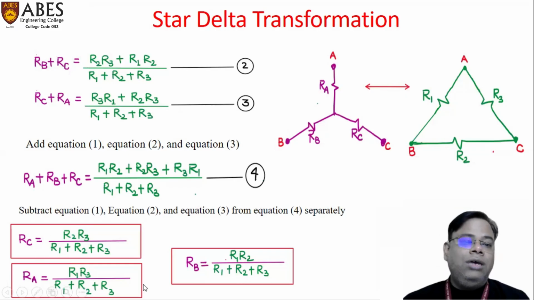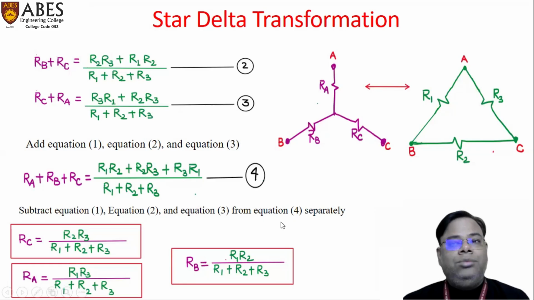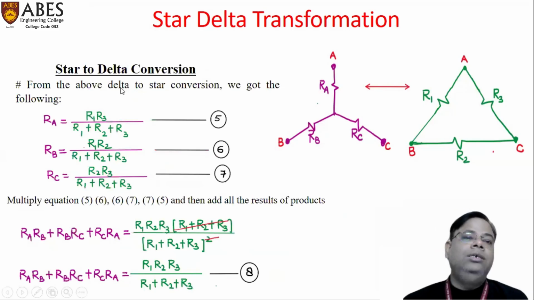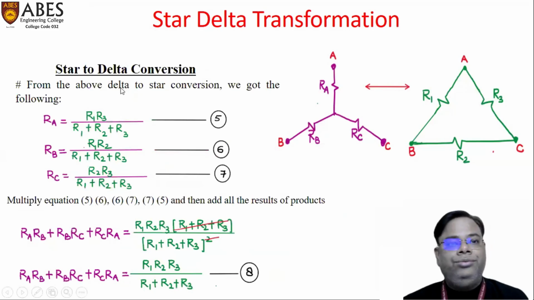So these are the final expressions for the star connected resistances in terms of delta connected resistances. If we know the values of R1, R2, R3, then by using these formulas we can easily find the values of RA, RB and RC. Now we will move forward to the next step, that is star to delta conversion.